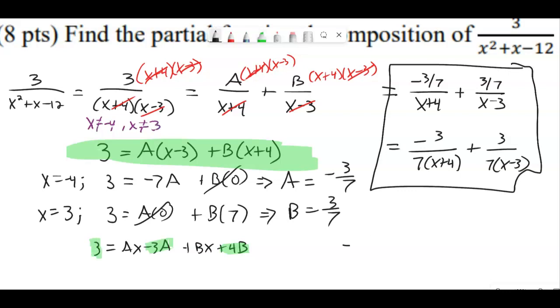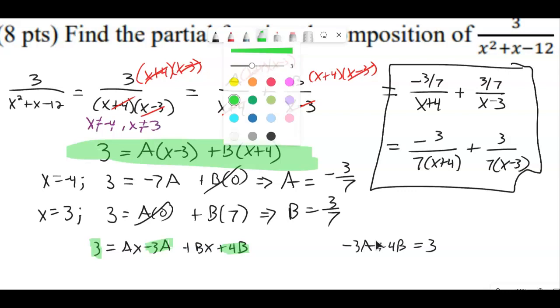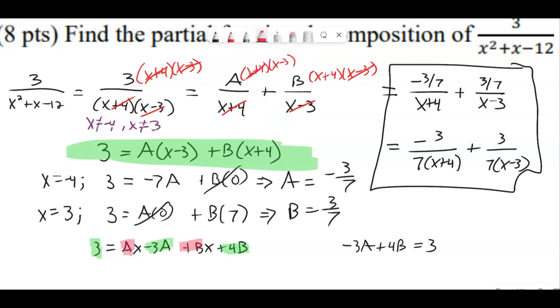So that is minus 3A plus 4B has to equal 3. And the x coefficients, the A plus the B, have to equal the x coefficients over here, which, surprise, surprise, there aren't any.